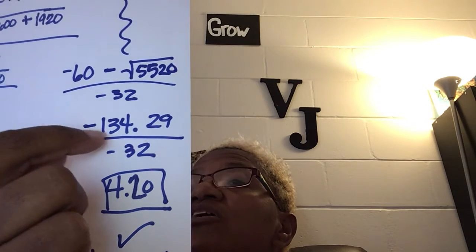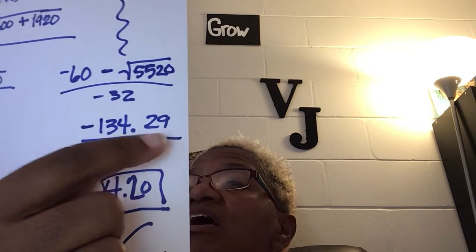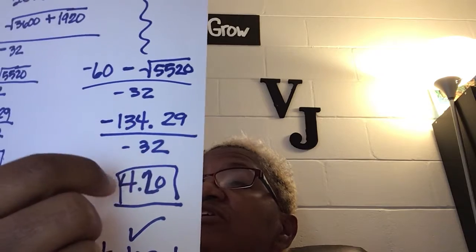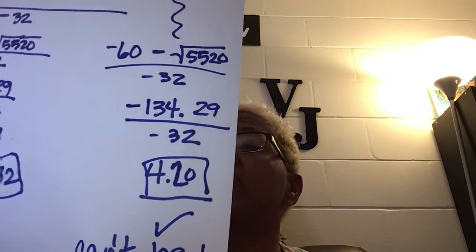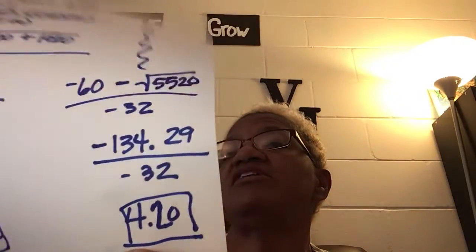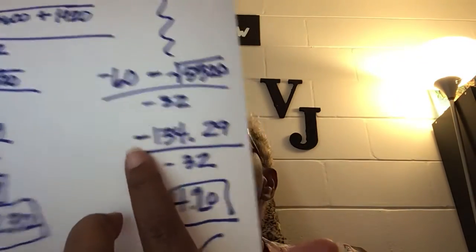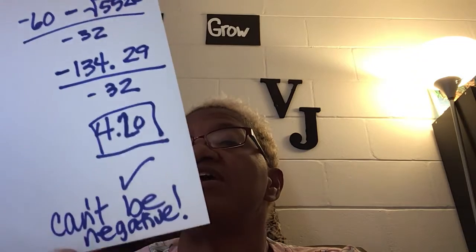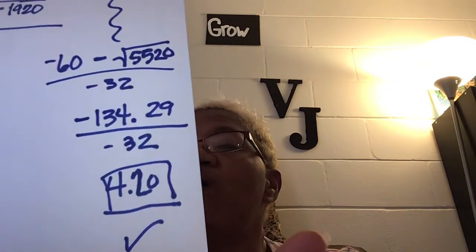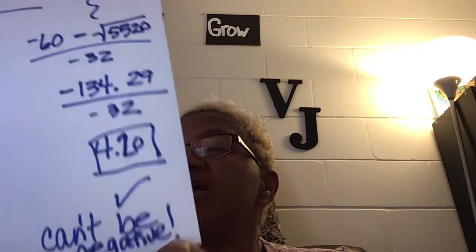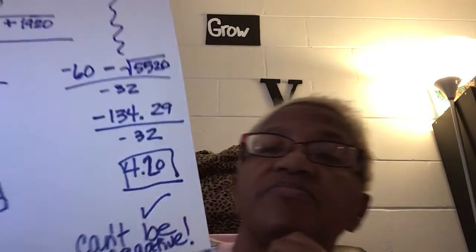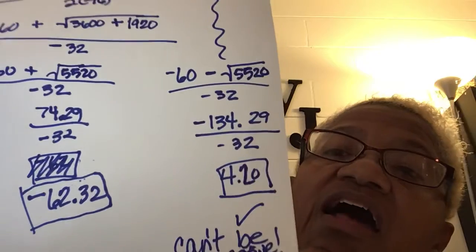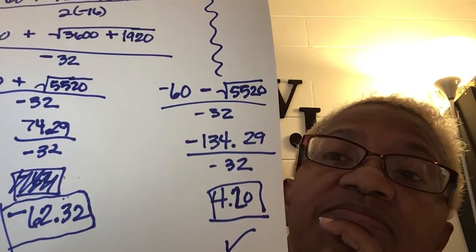Negative 134.29 divided by negative 32 is going to give you about 4.20. Now, notice, this is a positive because a negative divided by a negative is a positive. This is your answer. Why? Because time can't be negative. This is the positive. This is the one that works. Do you see that? I hope this helps.